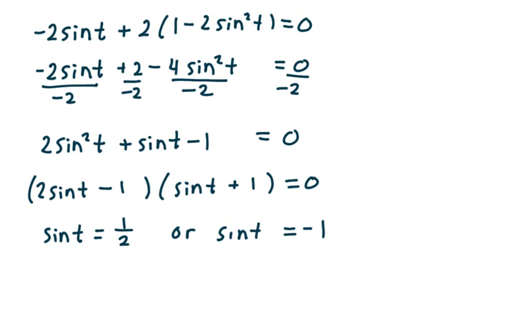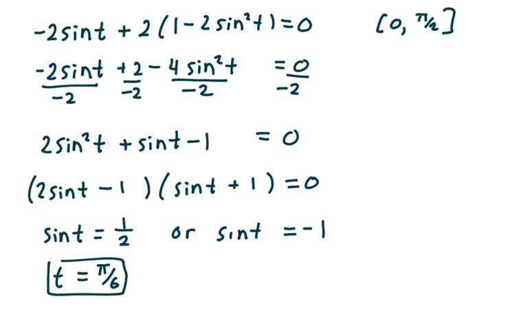Now, if sine of t equals 1/2, remember, we're only dealing with the interval 0 to pi over 2. That's it, okay? So the only choice I have is pi over 6.